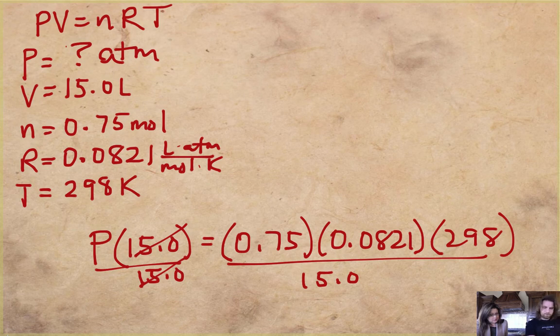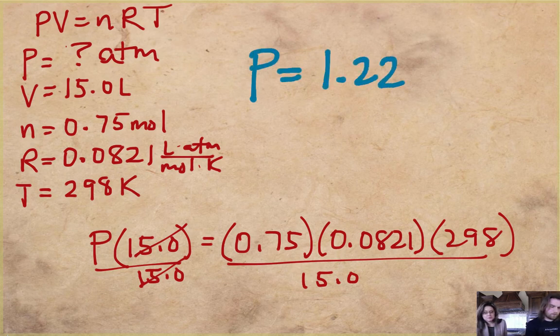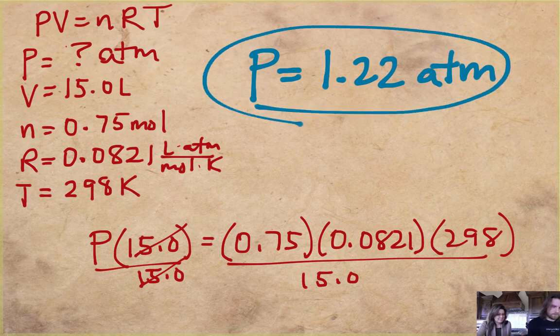Pressure equals all that stuff on the top multiplied together divided by the bottom, and that's going to give me a pressure equal to 1.22 atmospheres. If you were listening very carefully, she gave you the answer. So 1.22 atmospheres. That seems pretty easy. It's just plug and chug, as they say.